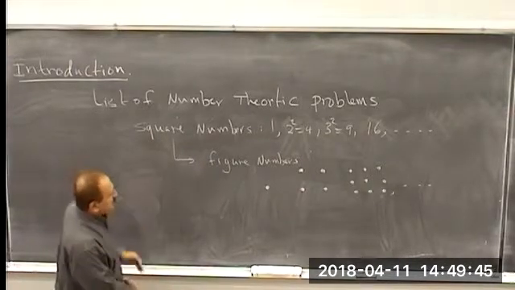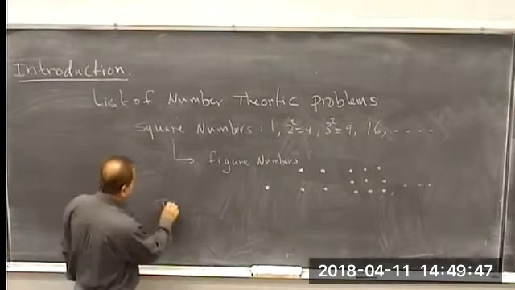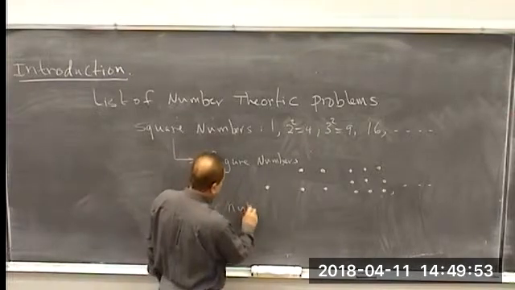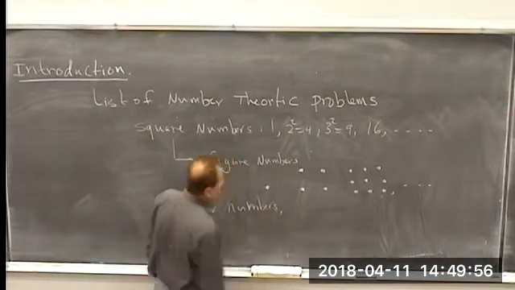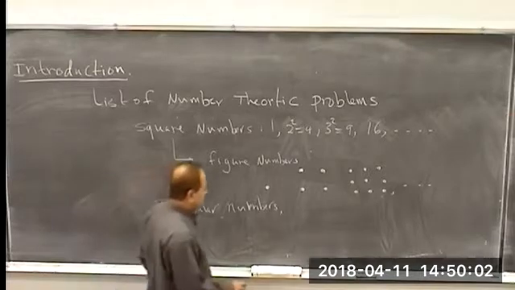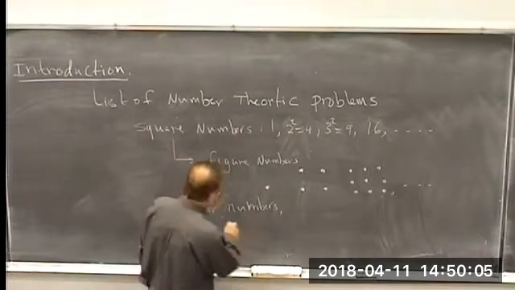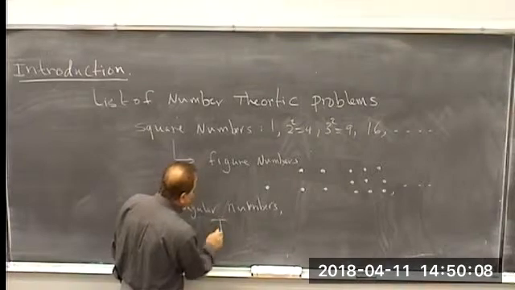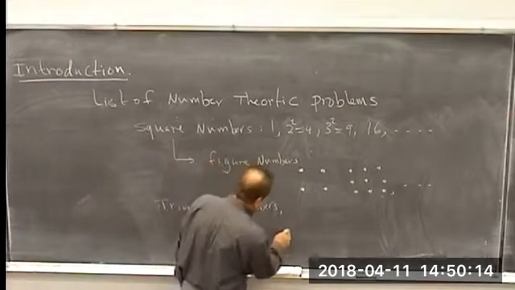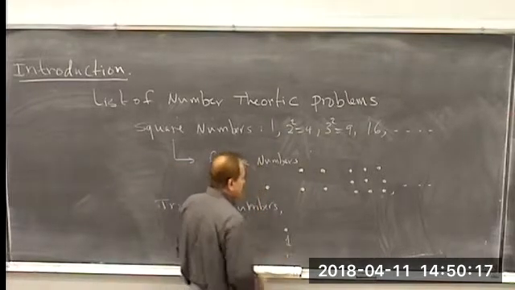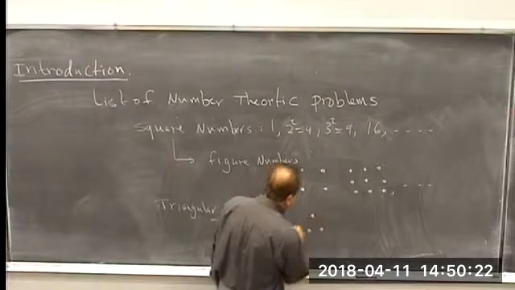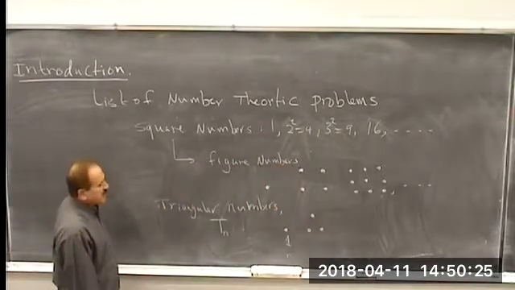Then the next type of numbers, we call them triangular numbers. And these you can arrange to make an equilateral triangle. The triangular numbers, we denote them by T sub n. For example, when n equals 1, we have just 1 dot, and then the next one we need actually 3.